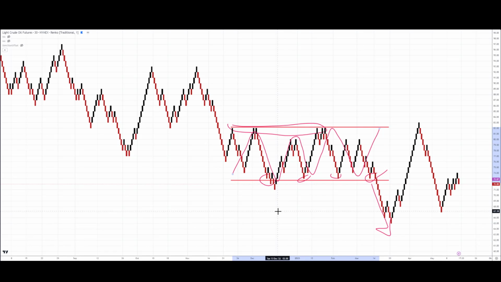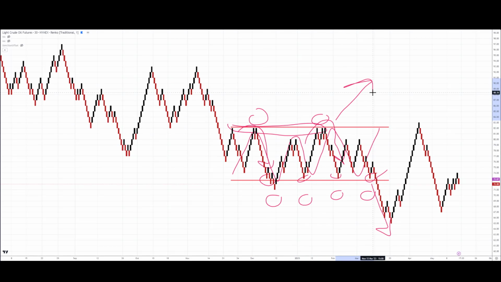So if you added, say, a stochastic indicator to time your way on those dips, like we just saw in the previous one, or the price when it gets overbought for the reversal back down to the bottom of that range, if you're confident from your analysis that it's not going to go above there into this zone, then the range is a powerful chart pattern that is very useful to play out and use.